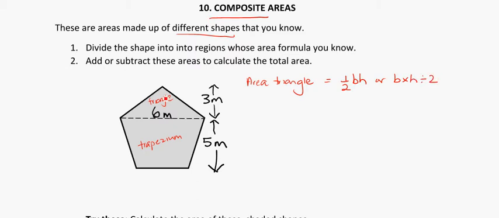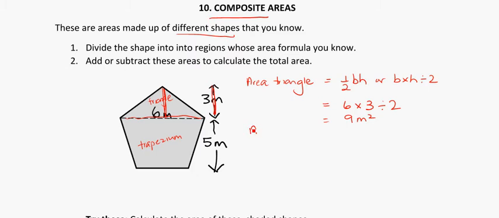And so here's our triangle. The base is 6 across here, so it's 6 times, now the height is this 3 meters because that's that height there, so it's 6 times 3 divided by 2, and you'll find that is 9 meters squared.